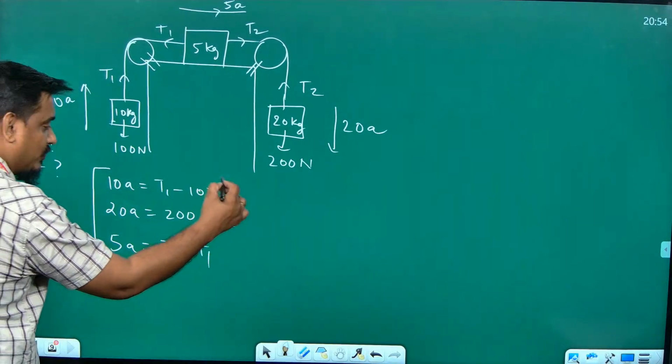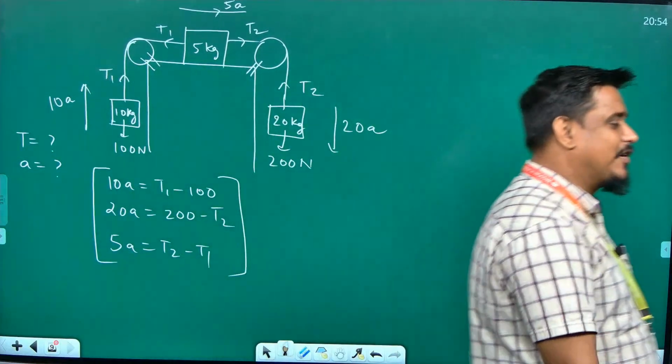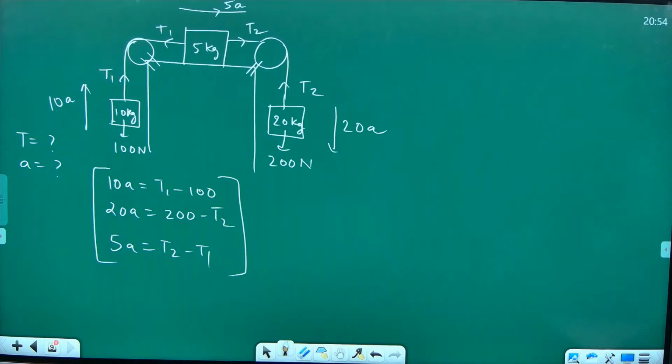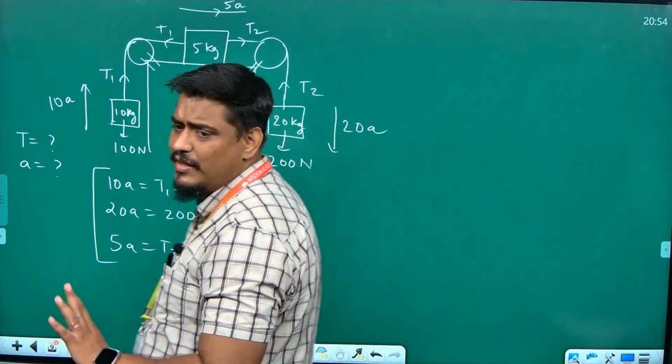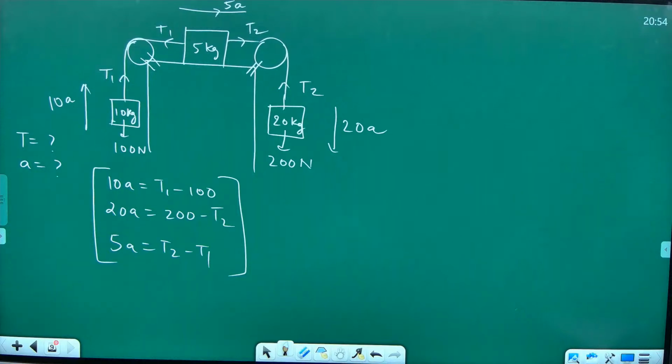You have three unknowns, you have three equations. Solve by whatever method you are comfortable with, substitution method, elimination method, whatever you like, and later you can solve and you will get the answers for T1, T2 and acceleration. If you have 3 unknowns, you need 3 equations to solve it, isn't it? That much math you know, I hope.